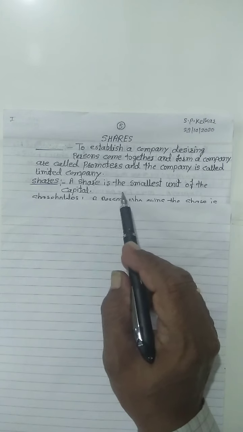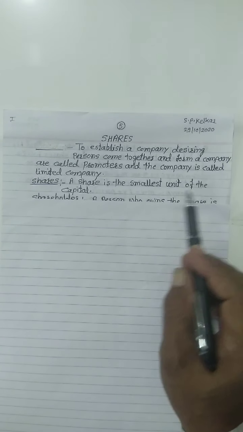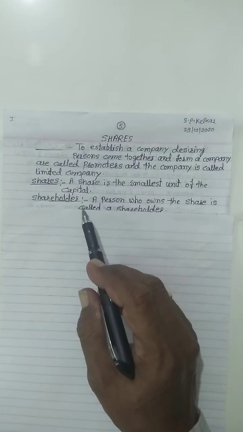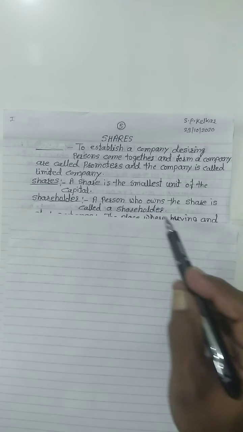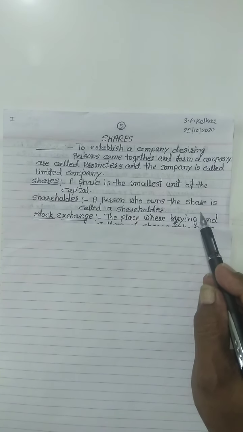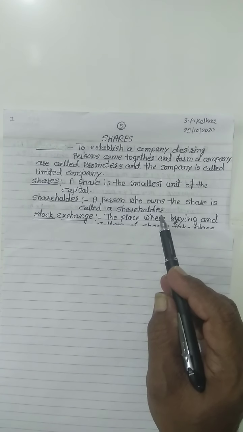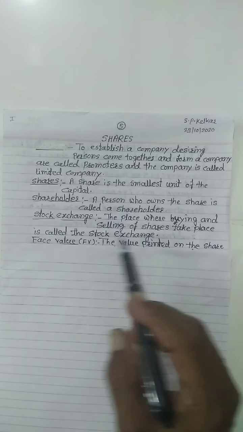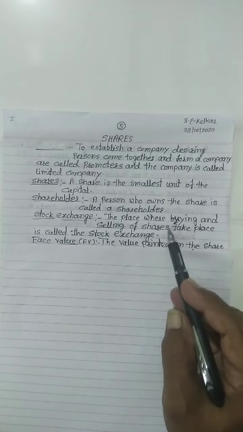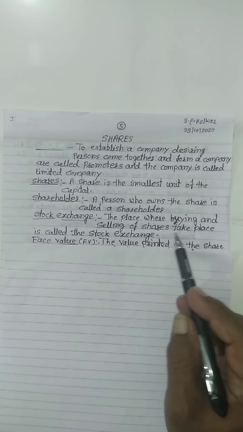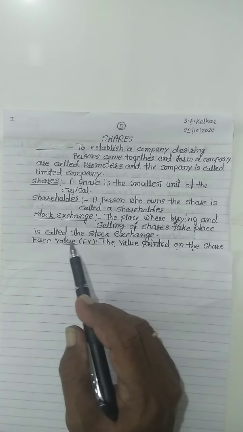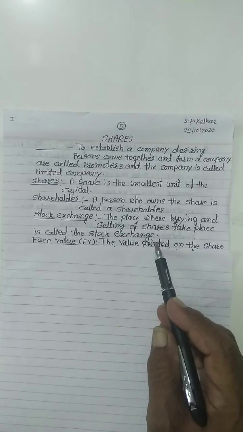Share is the smallest unit of the capital of that company. Shareholder, a person who owns the share is called a shareholder. Stock exchange, the place where buying and selling of shares take place is called the stock exchange.